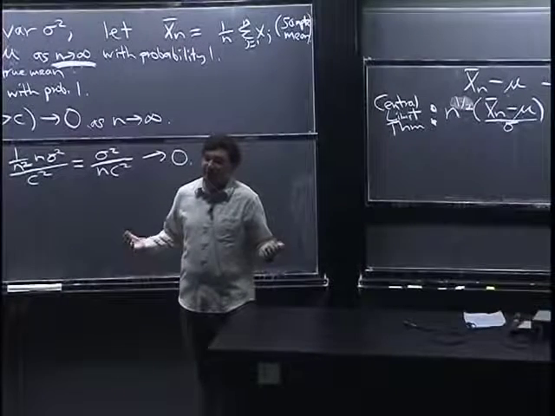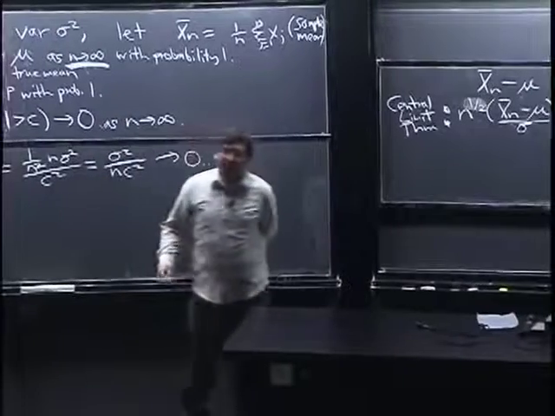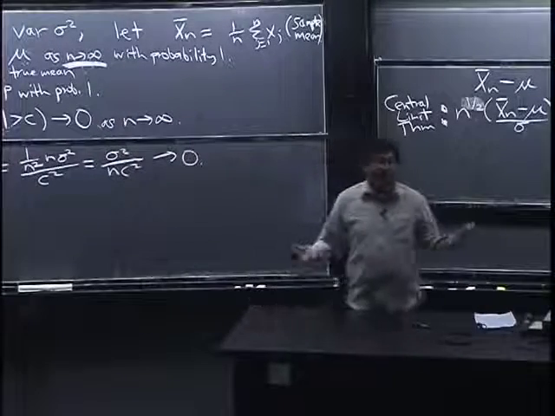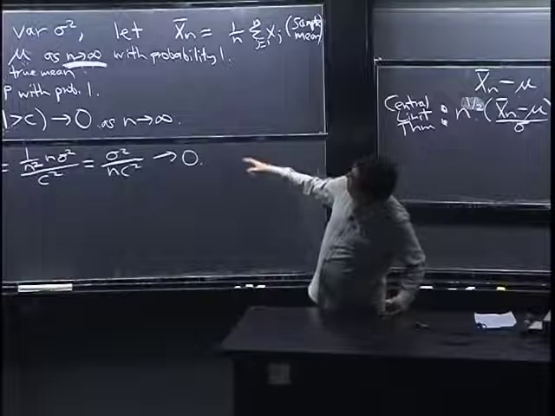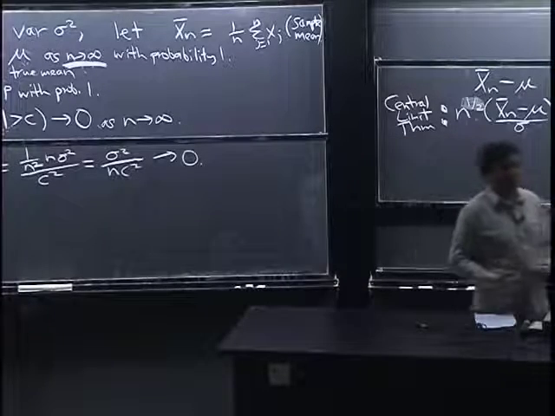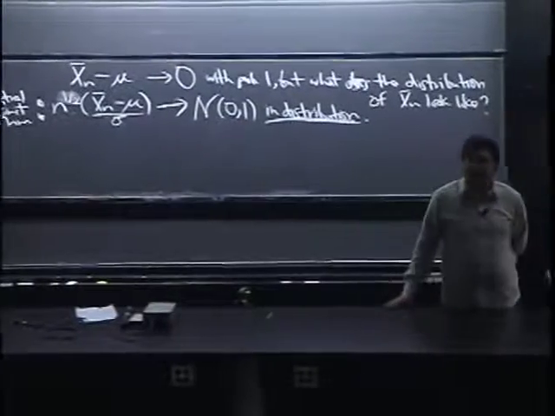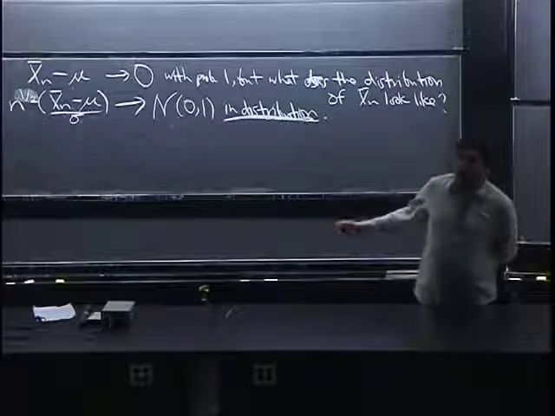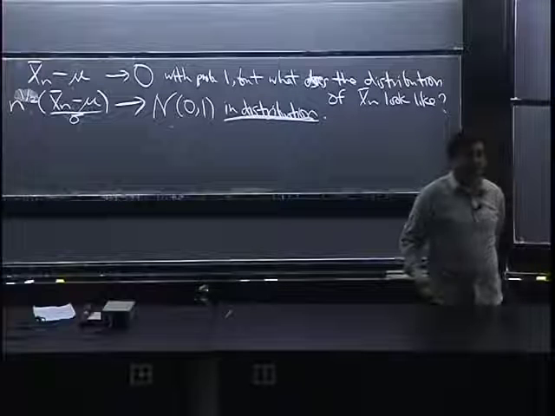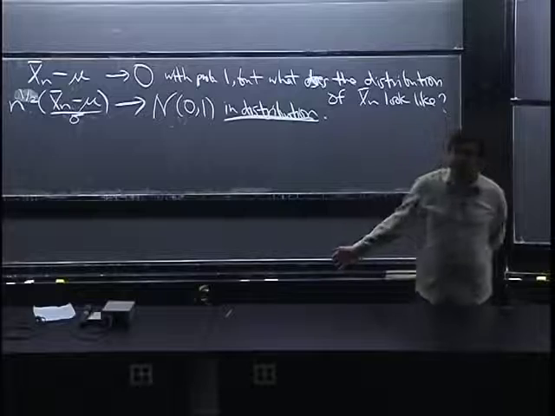It could look like anything. The only thing we assumed was that there was a finite variance. Other than that, they could have an incredibly complicated, messy distribution, but it's always going to go to standard normal. So this is one of the reasons why the standard normal distribution is so important and so widely used.